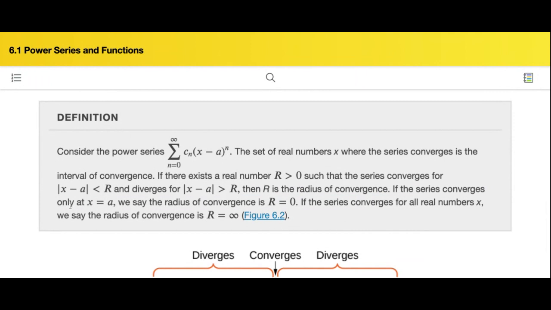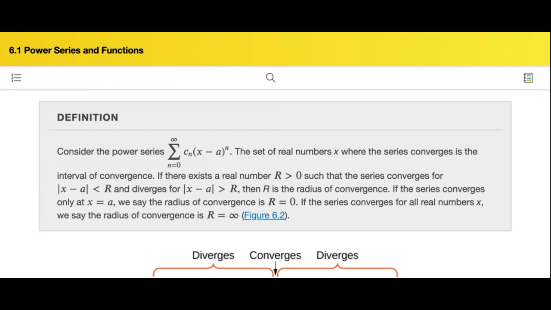So if the series converges only at the center, the radius of convergence is 0. That means it only converges at 1 point, so there's no radius. Radius is 0.